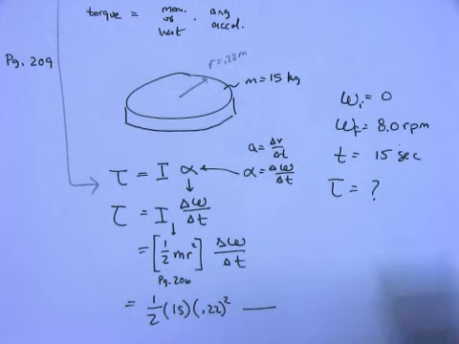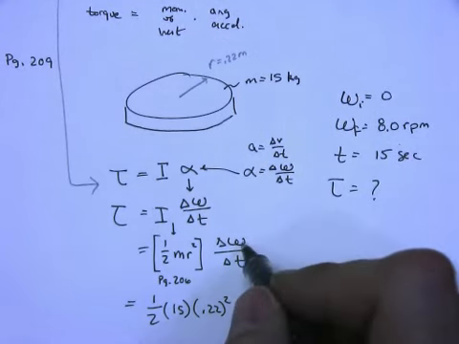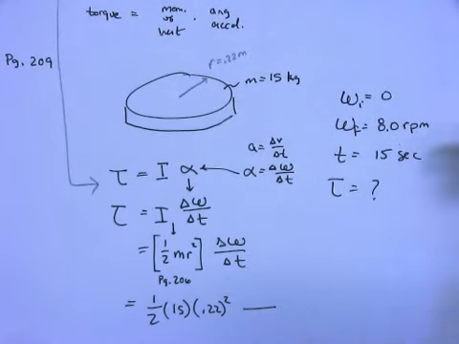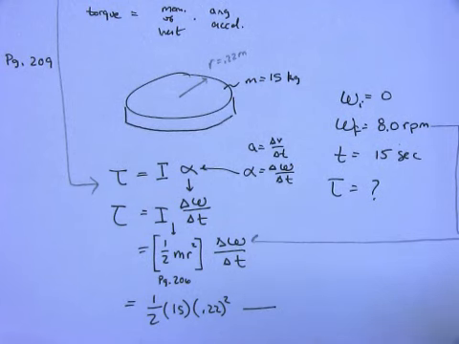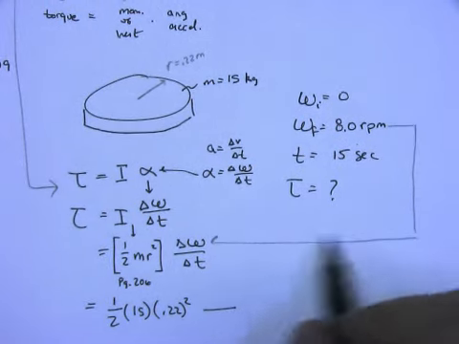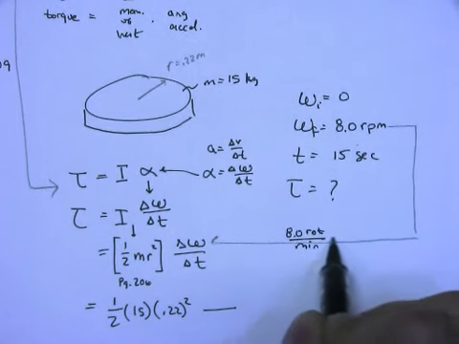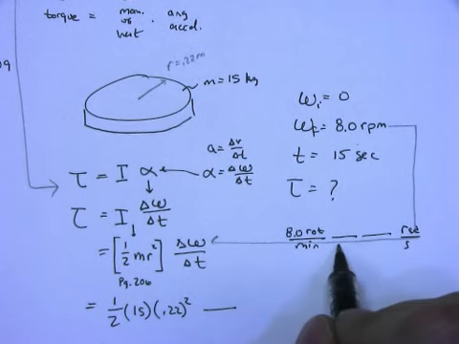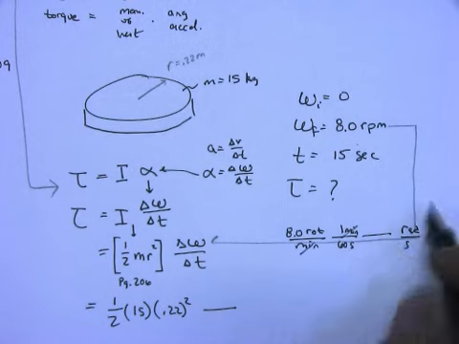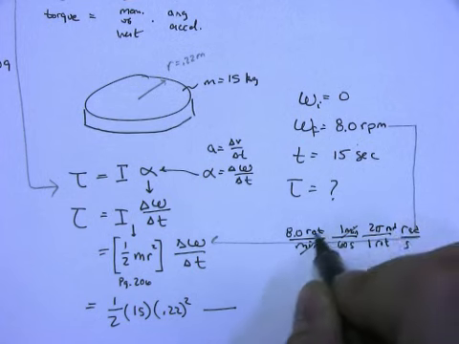My change in angular velocity needs to be in radians per second. So I can't just go plugging this in right here, because I need to change 8 rotations per minute into radians per second. 1 minute is 60 seconds, and 1 rotation is 2 pi radians.